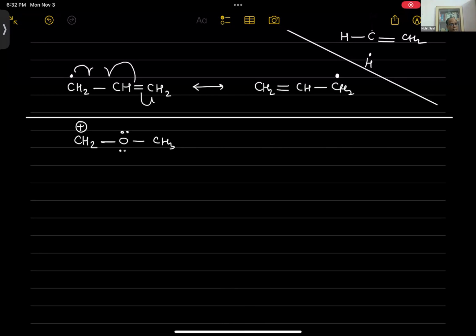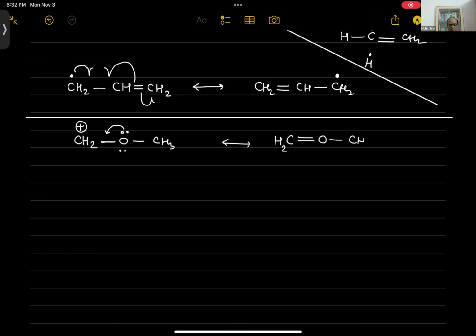Actually oxygen has a lone pair, so there is a resonance happening. This can pull the lone pair and let it get involved in the bond formation. Is it clear or not? So there will be a pi bond formation, a double bond formation. Absolutely correct.